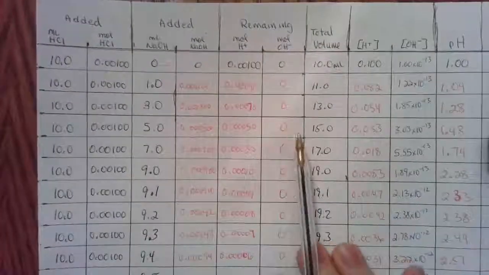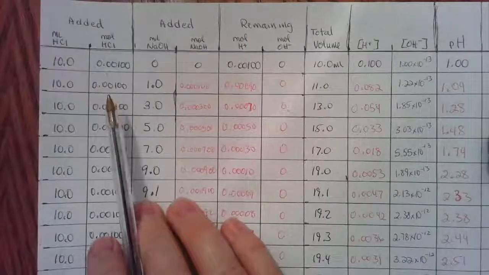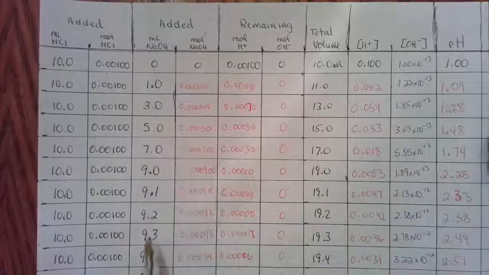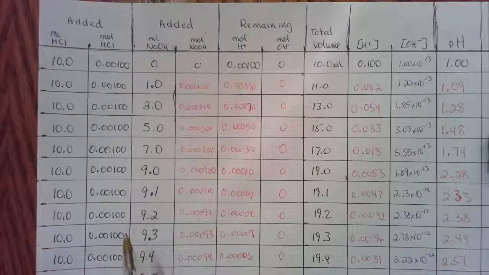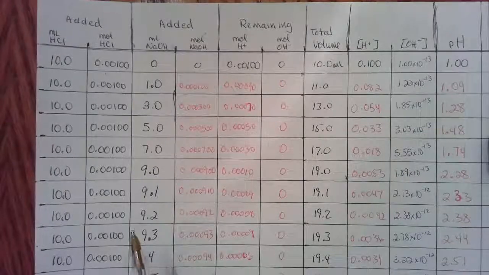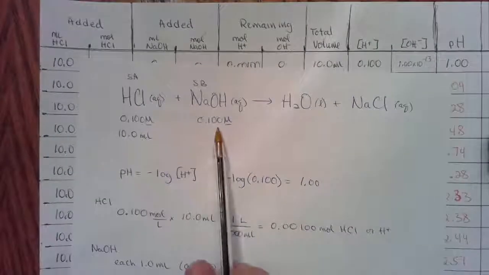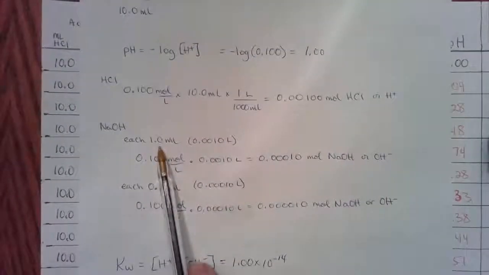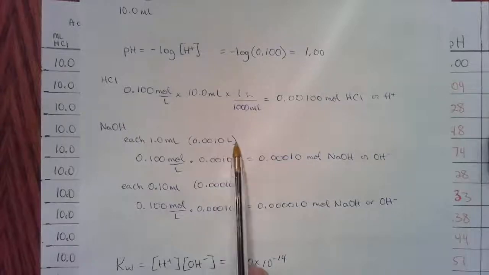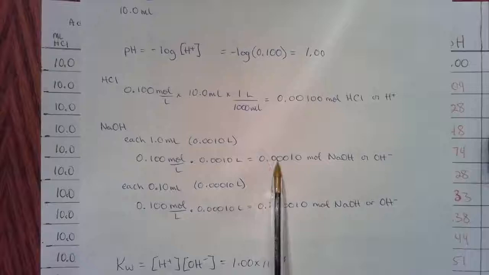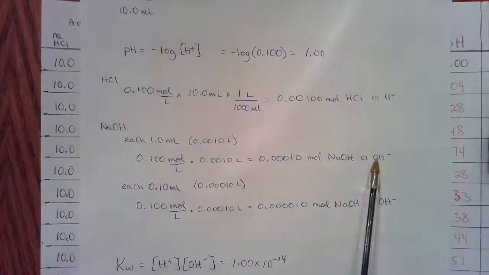So as we start adding the sodium hydroxide, we'll be adding either 1 or 2 or 0.1 milliliter aliquots. And just so we know how much we're actually adding, since it's a 10th molar solution, just like the hydrochloric acid was, a milliliter of that would be 0.0010 liters, so 0.1 moles per liter times 0.001 liters, liters cancel, 0.0010 moles of sodium hydroxide.